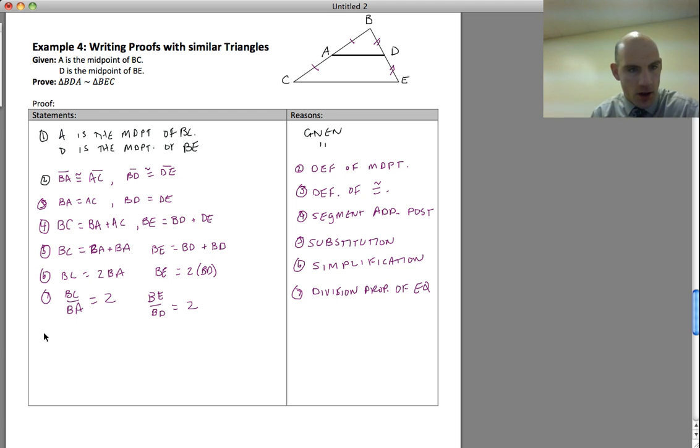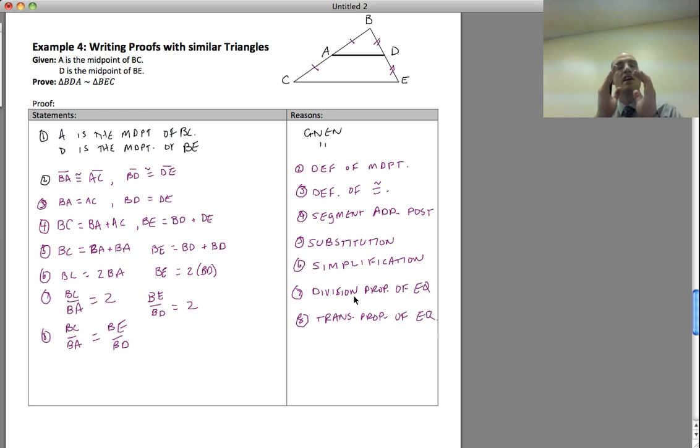Okay, so now we have the ratio of these sides, okay? And so let's see. We can say that BC over BA is equal to BE over BD. How? Because we simply use the transitive property. Because if each of them is equal to the same thing, then they're equal to each other.